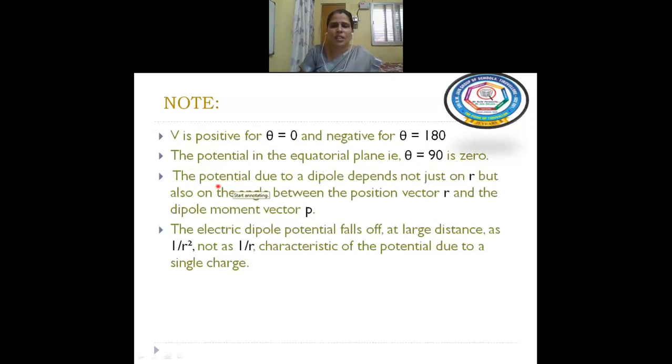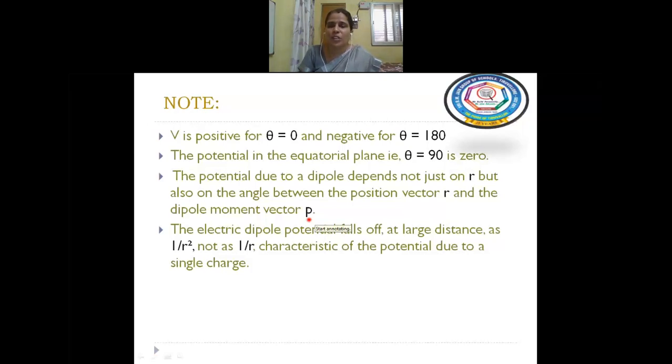And these two points are again very important. The potential due to a dipole depends not just on R but also on the angle between the position vector R and the dipole moment vector P, because already I told you that V is equal to P cos theta divided by 4 pi epsilon naught R square.